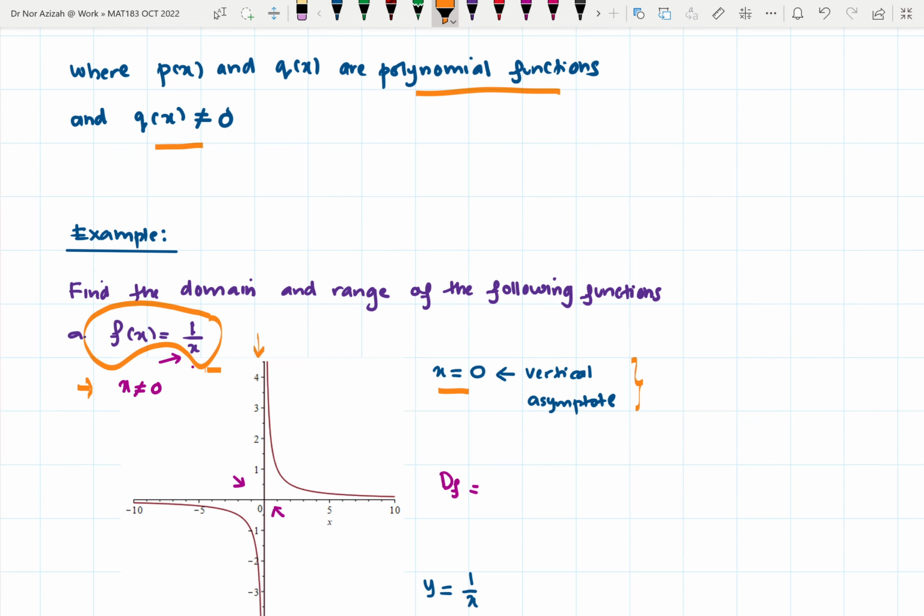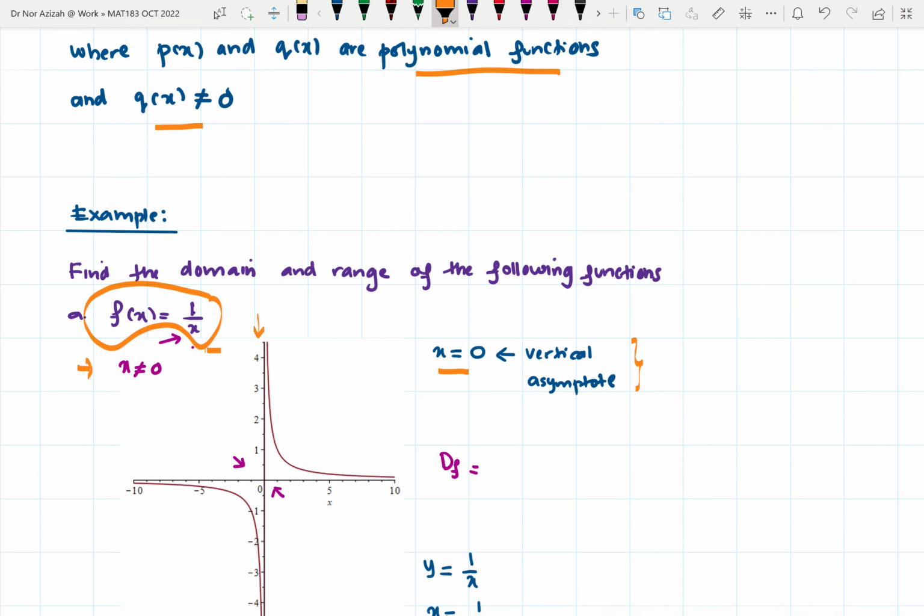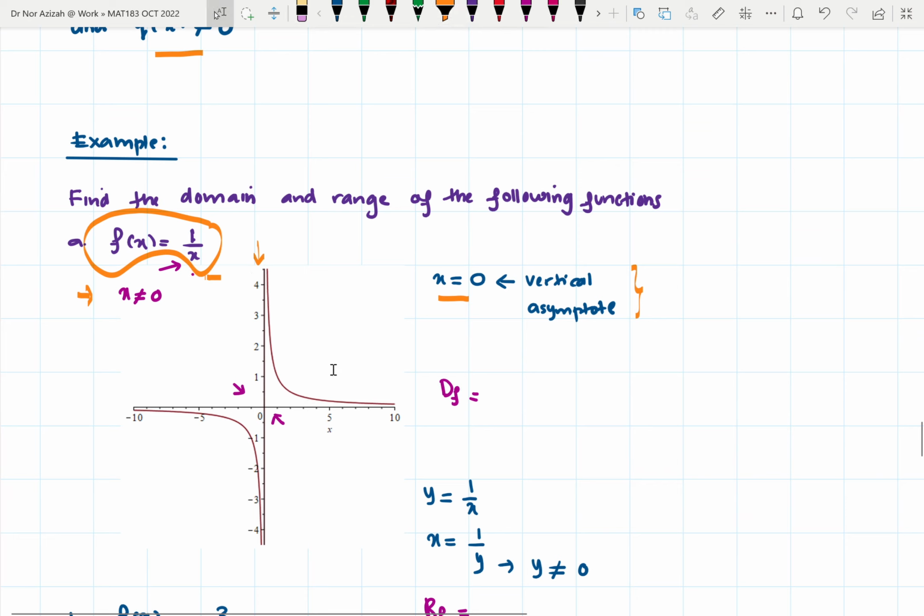And then for 1 over x here, we have two pieces. The first one is when x goes to 0 from the right hand side, and then when x goes to 0 from the left hand side. That is why we got this one curve, and another curve is this one.